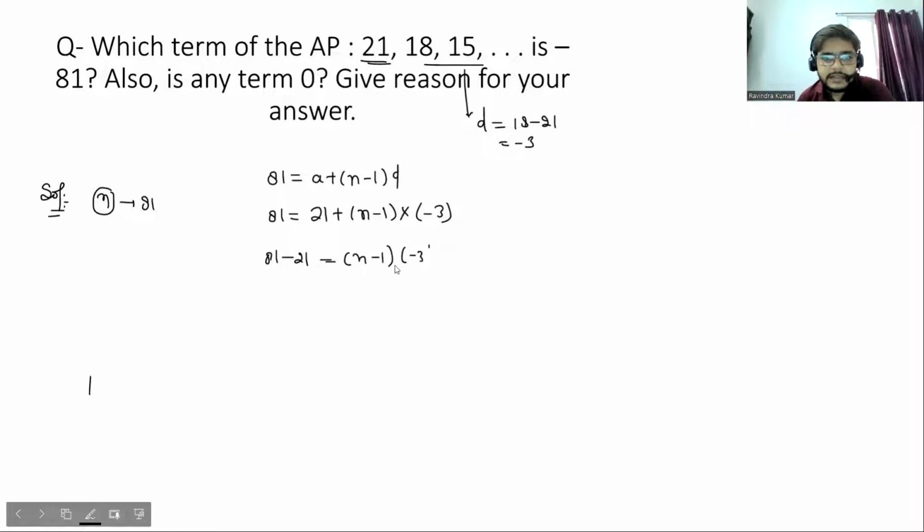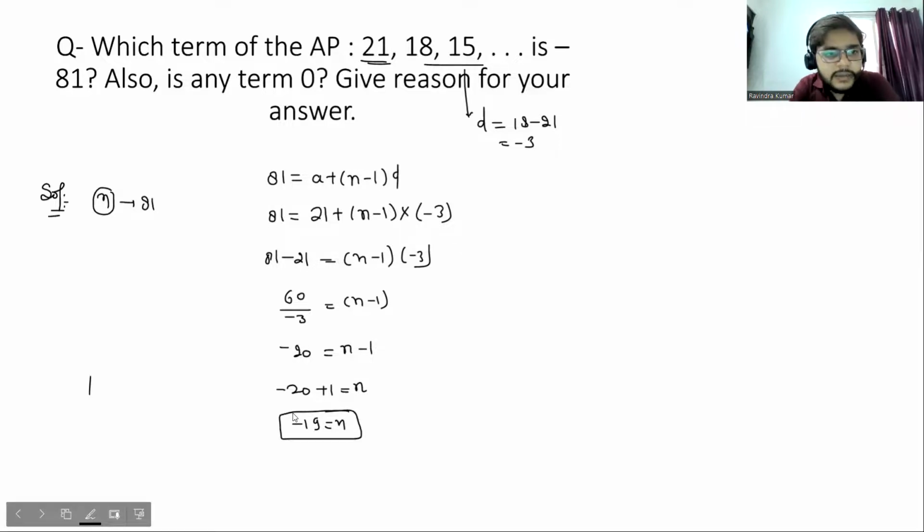So when we subtract it, it will be 60, and minus 3 will go in division to the other side. So now cancel it out. So it will be minus 20 is equal to n minus 1. So here minus 20 plus 1 is equal to n. So n will be minus 18.